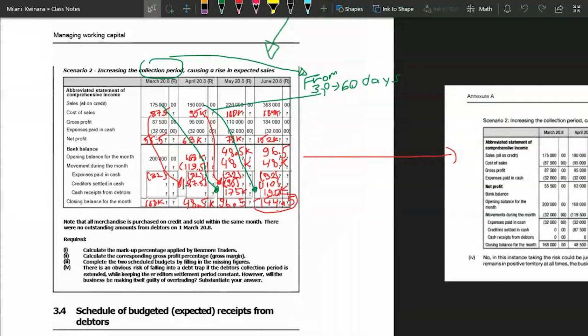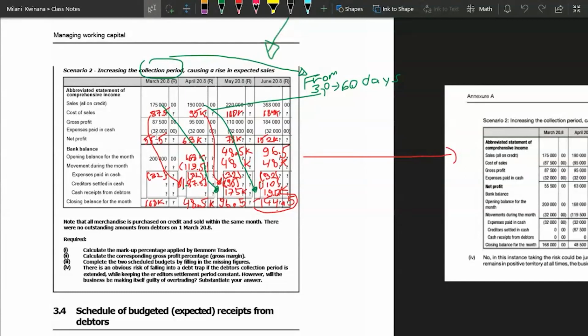If creditors are settled in cash, it's money that is going to leave the company. And if cash is received from our debtors, it's money that comes into the company.